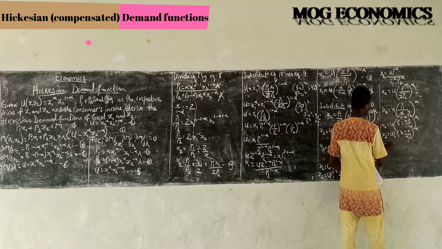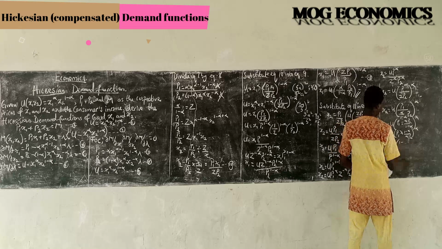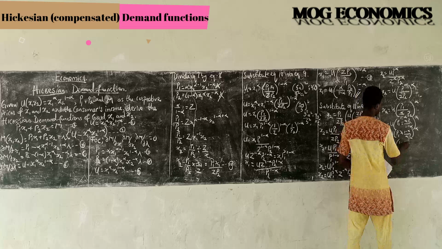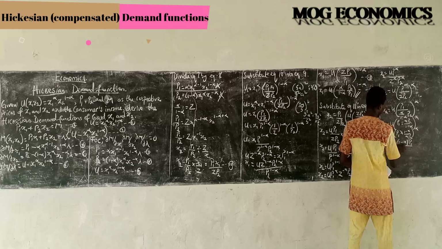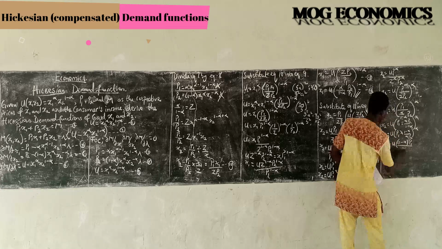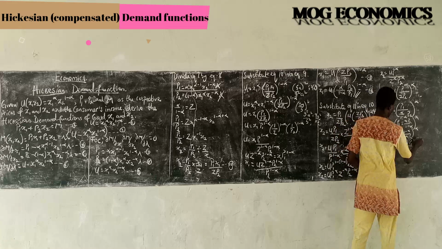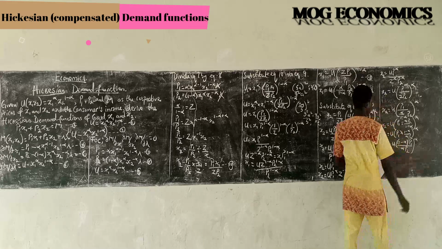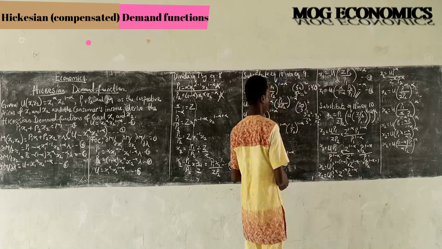So x2 equals u into brackets (1 minus alpha over alpha) times p1 over p2, everything raised to power alpha.